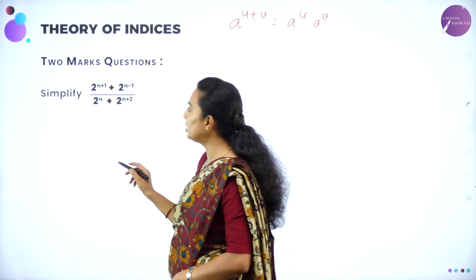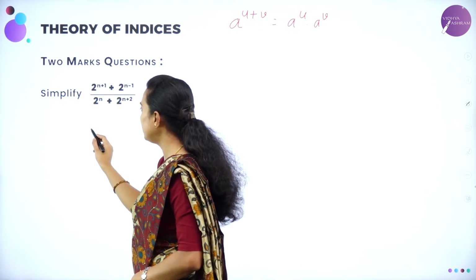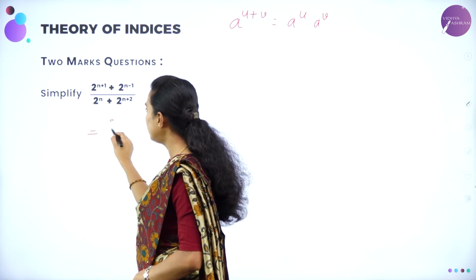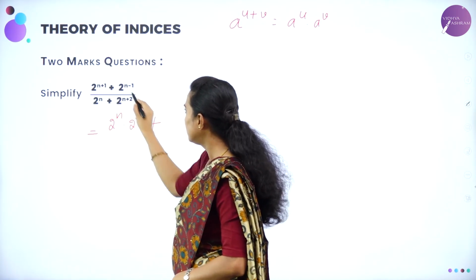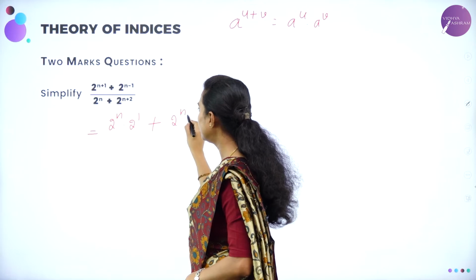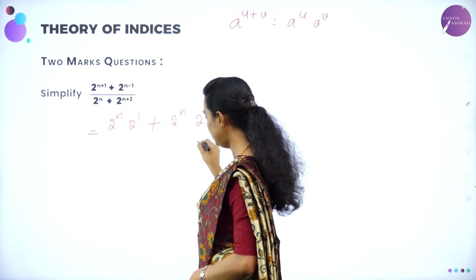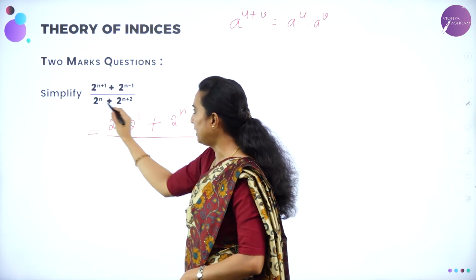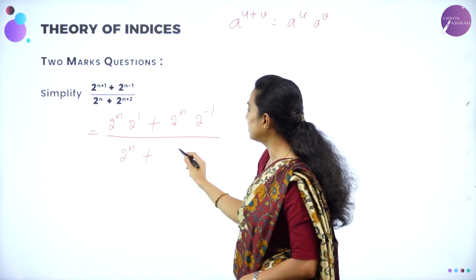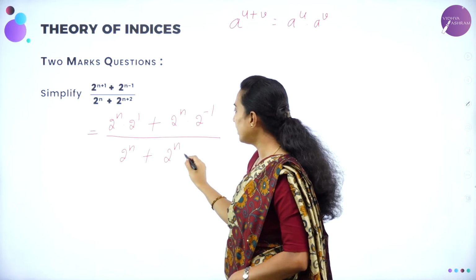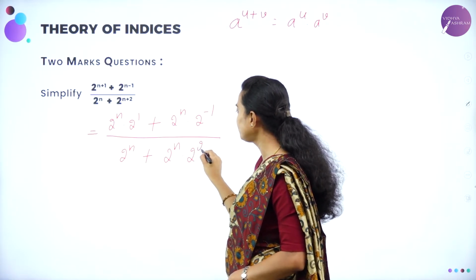Therefore it will become 2 power n into 2 power 1, plus 2 power n into 2 power minus 1, divided by 2 power n as it is, plus according to the formula 2 power n into 2 power 2.